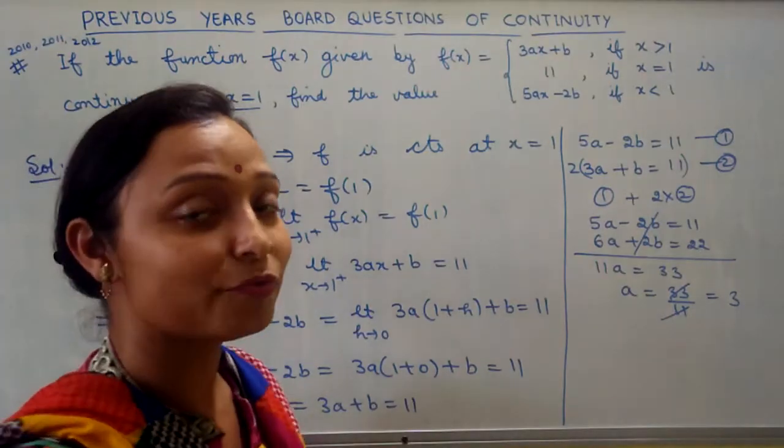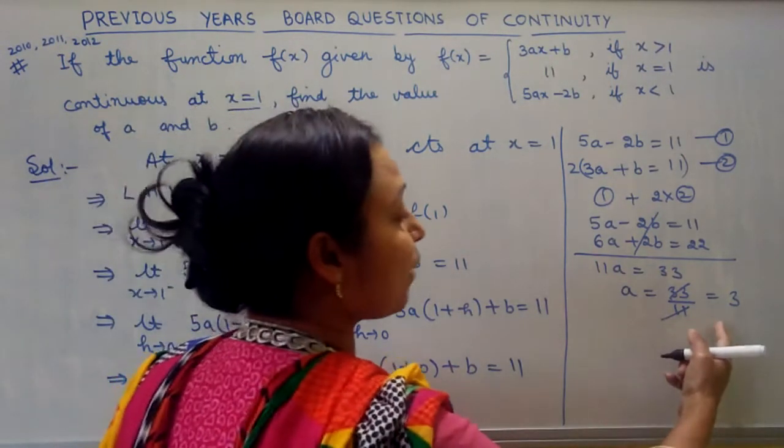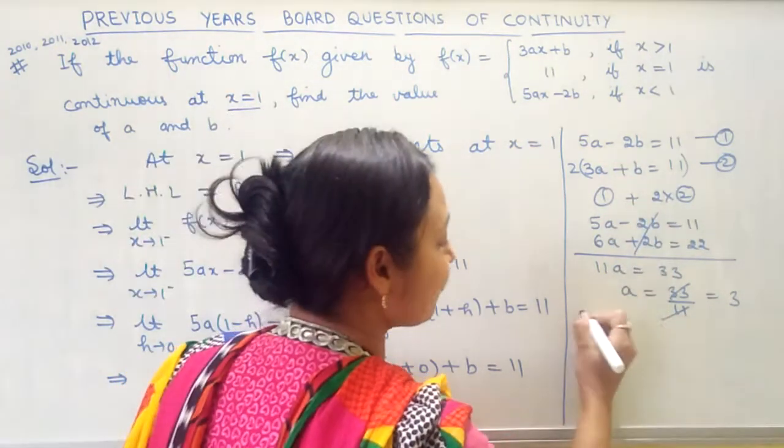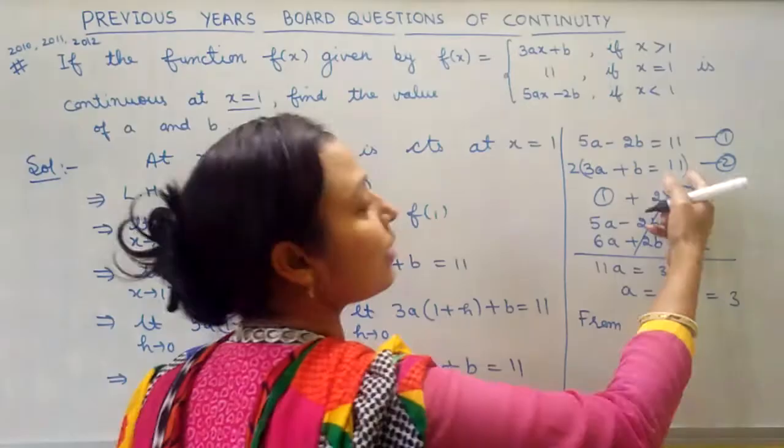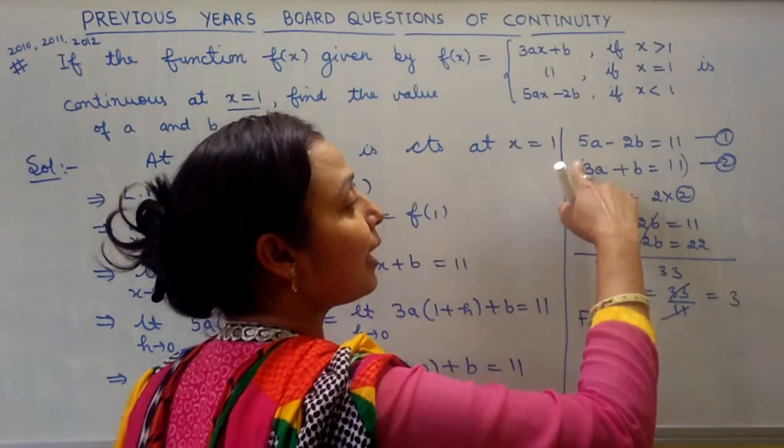Now it is time to find the other variable's value. You have to put the value in equation 1 or 2 as your choice. If you take the second equation, there is no need to multiply by 2.